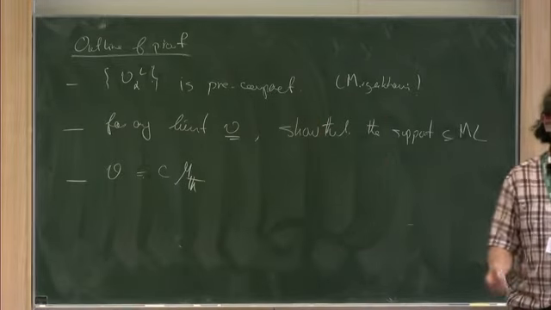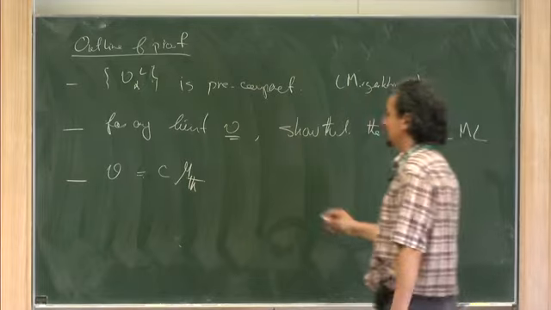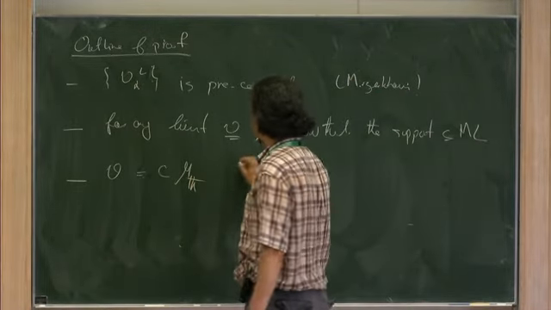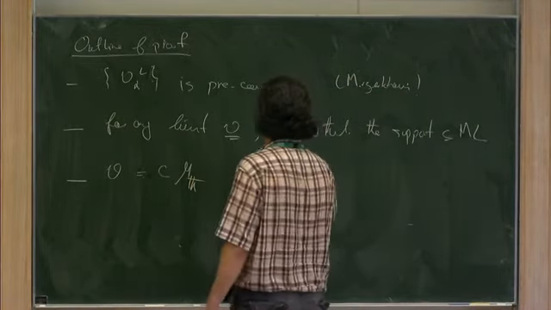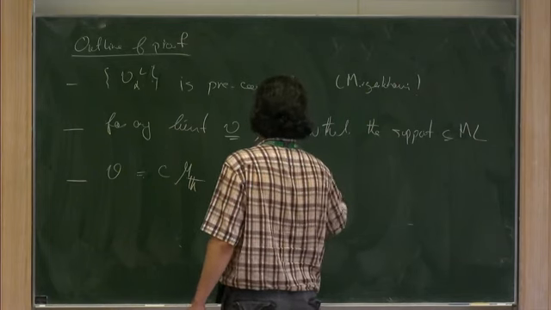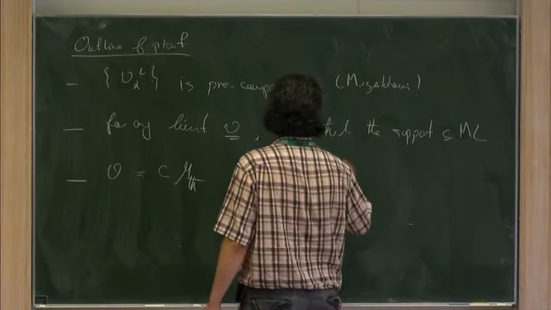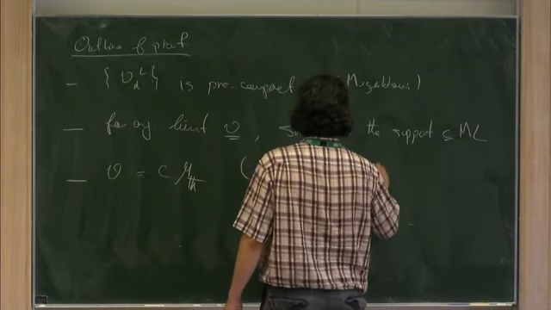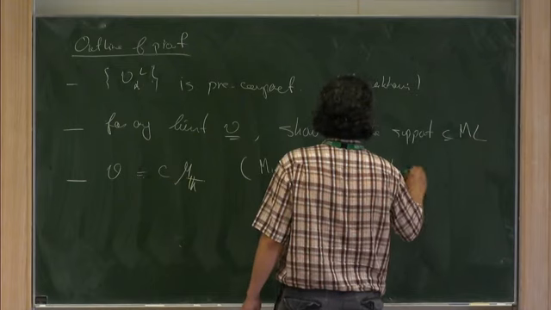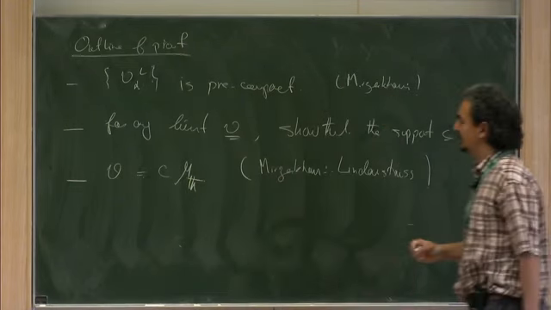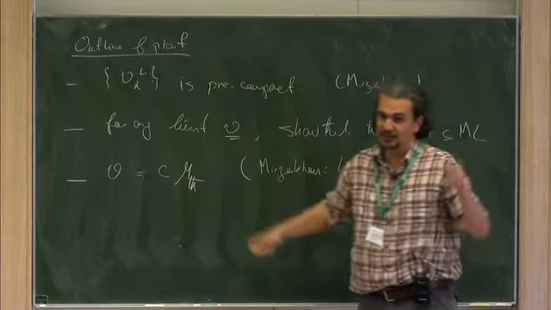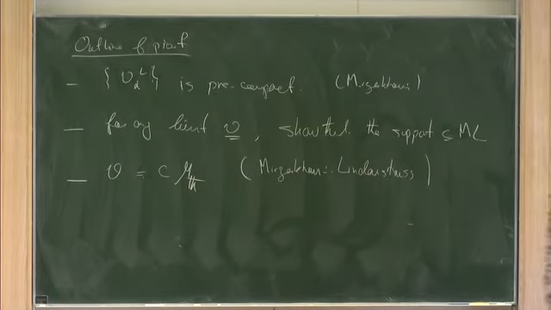So you have a mapping class group invariant measure on ML. There's a classification of such things by Mirzakhani and Lindenstrauss. Basically they say it either has to be the Thurston measure or something like the Thurston measure coming from a subsurface.